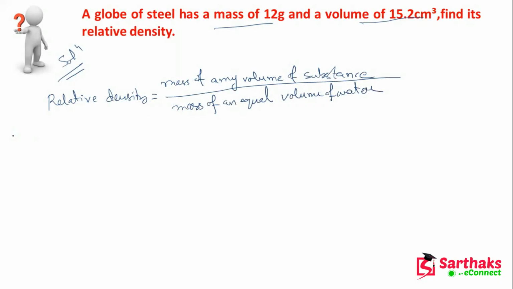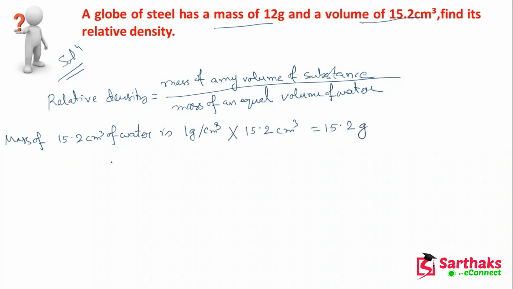The mass of 15.2 centimeter cube of water is 1 gram per centimeter cube multiplied by 15.2 centimeter cube, that is 15.2 gram.